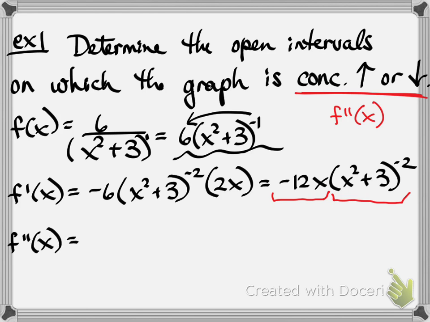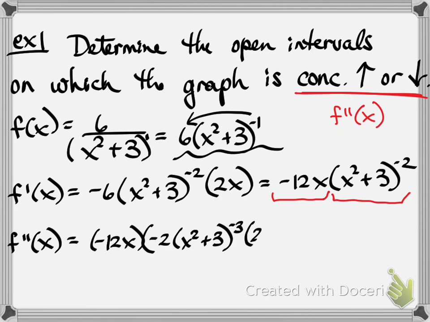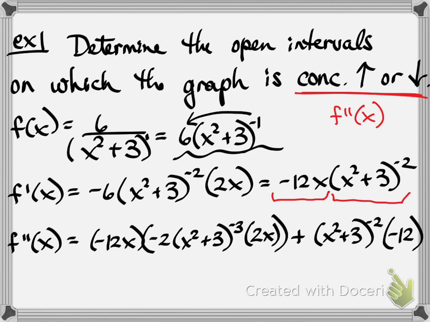So the second derivative is the first times the derivative of the second, and we have to do the chain rule on this second term, to the 1 last times the derivative of the inside, plus the second times the derivative of our first. Oh my, we need to clean this up a little bit.